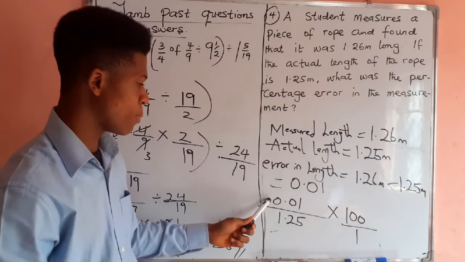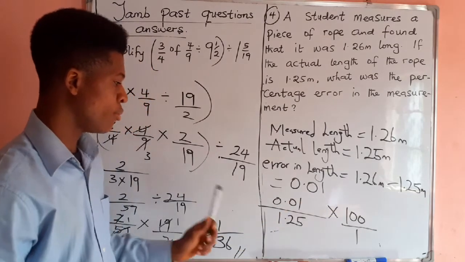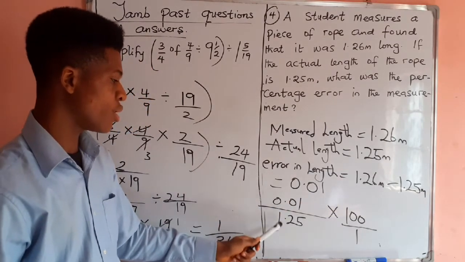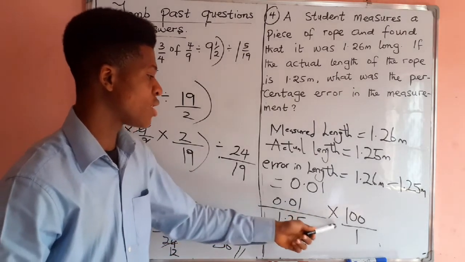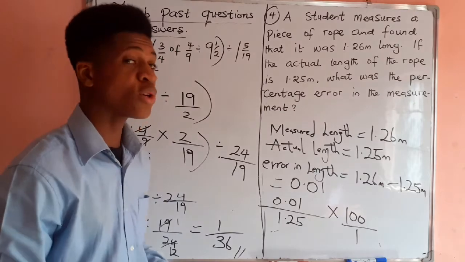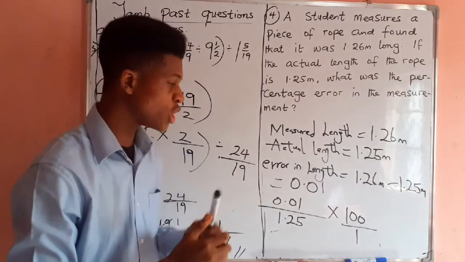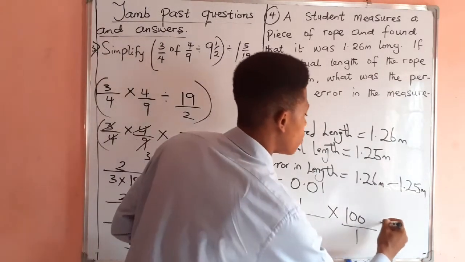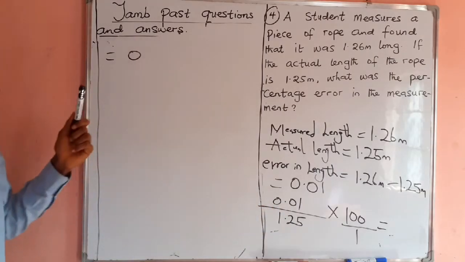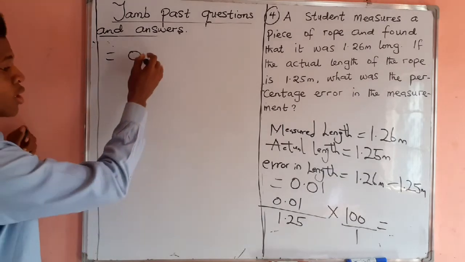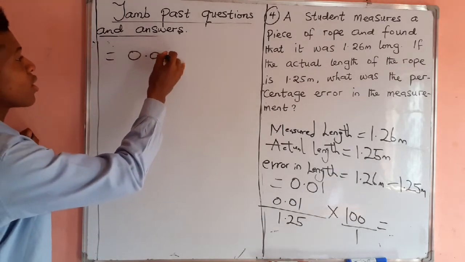Let's go directly, because this is decimal, so we have to treat this carefully. If you punch that on your calculator, 0.01 divided by 1.25 gives 0.008.